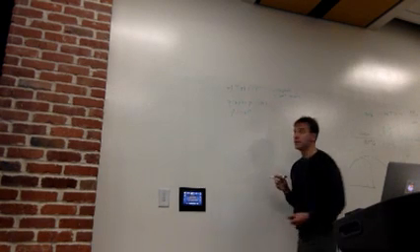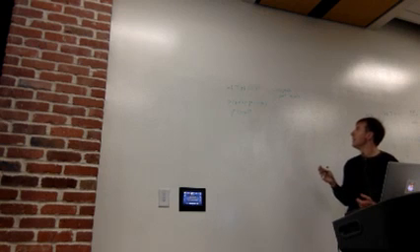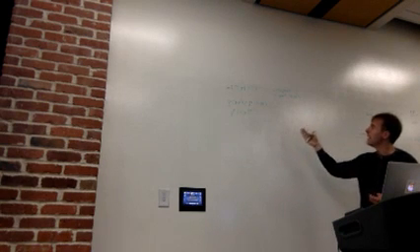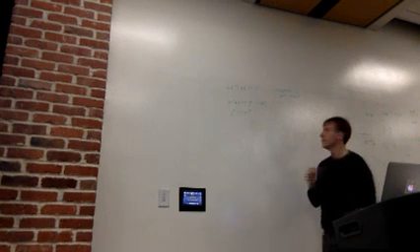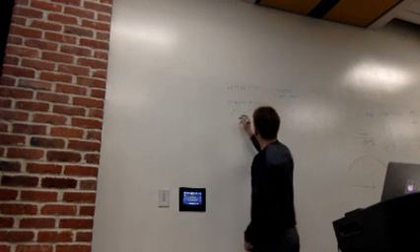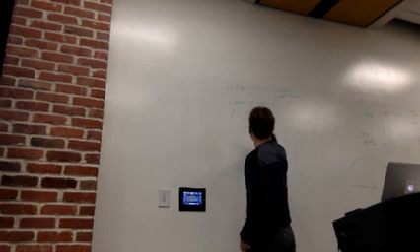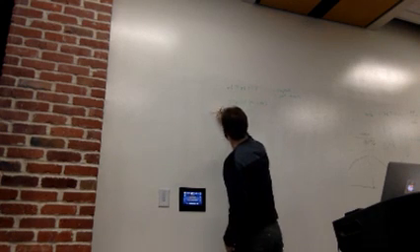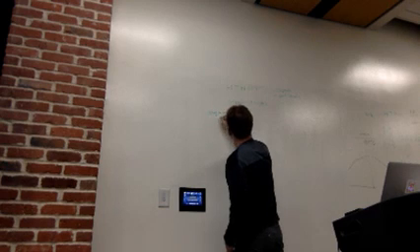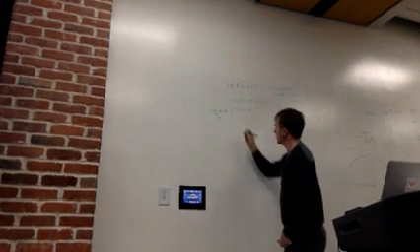So maximum likelihood estimation says you take your data set, you find the probability of it with your parameters, and then you try to maximize it. Essentially, the P that we want is the P that maximizes this quantity.